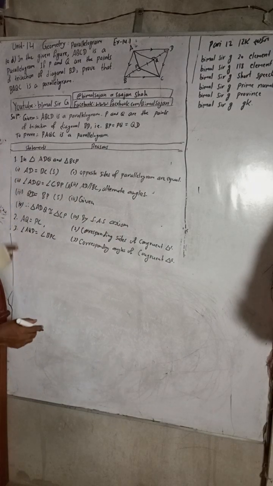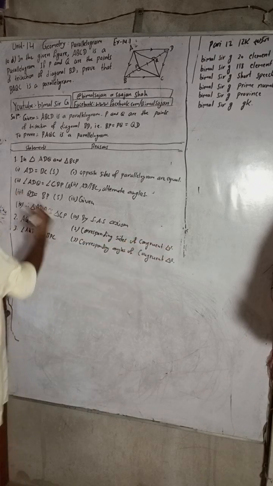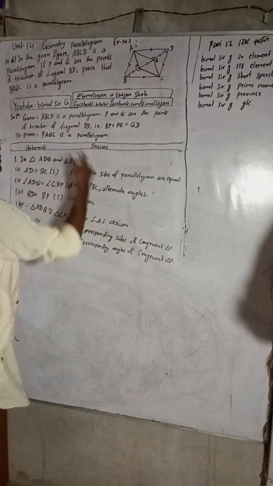A single reason was sufficient: corresponding parts of congruent triangles are equal.